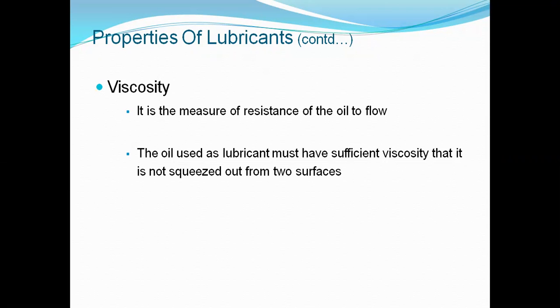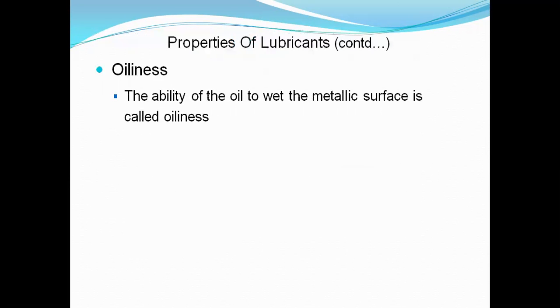It is easily washed away from the two surfaces. So some viscosity should be there, so that the resistance to flow is high, and the oil does not flow out from the two surfaces.